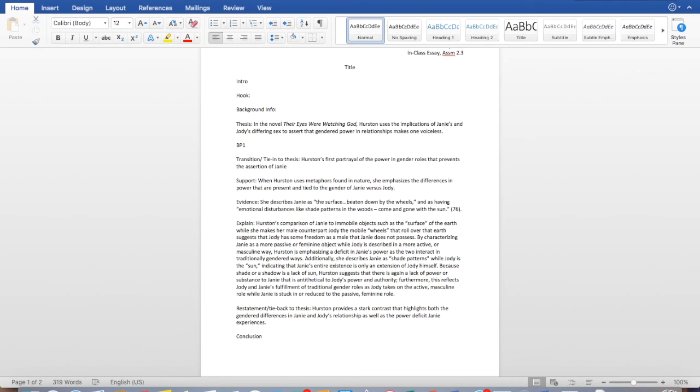Okay, so this is weird. This sentence is not happening for me initially, so I'm just going to have to think about how to reword this. Okay, Hurston's first portrayal of the power and gender roles. Okay, that's a little simplistic. And I also feel like it's not exactly tying in, like I should be talking about the relationship between Janie and Jodie. So I'm going to go ahead and erase this.